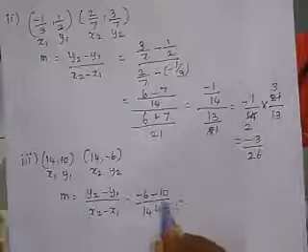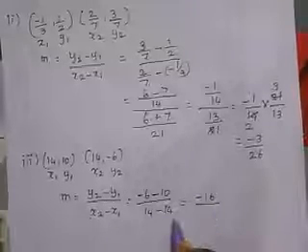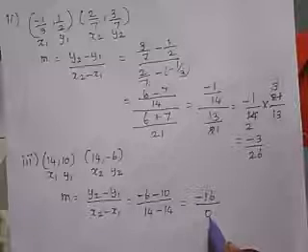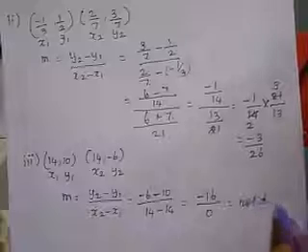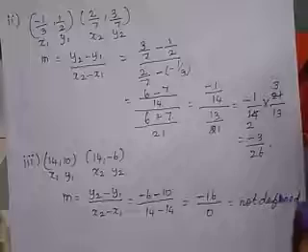So minus 6 minus 10 is minus 16. 14 minus 14 is 0. So minus 16 divided by 0. So that is equal to not defined. The slope of the points is not defined.